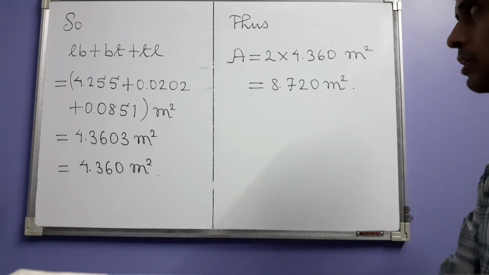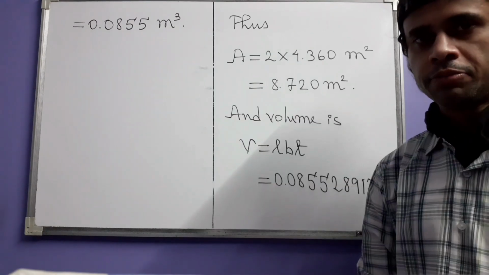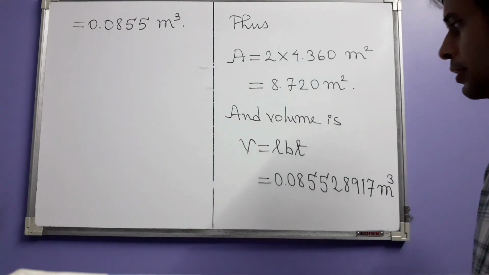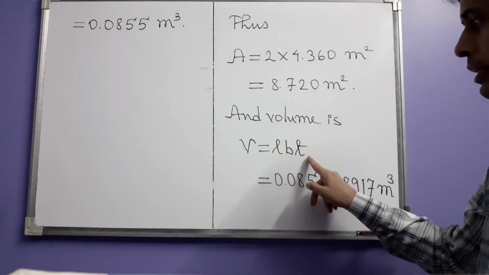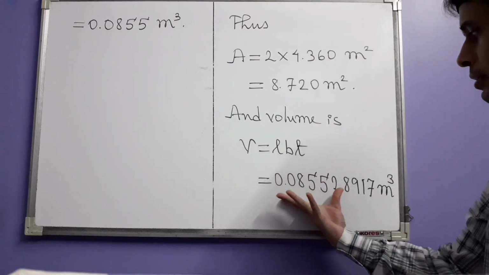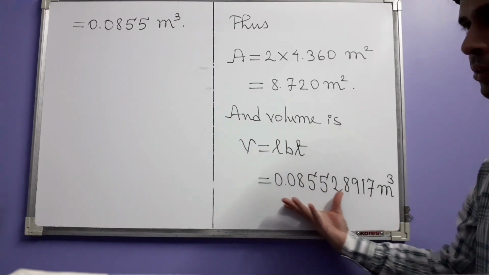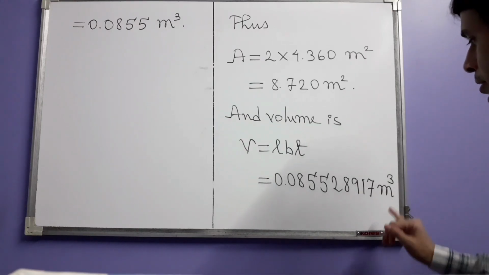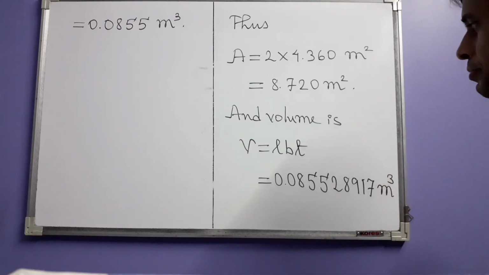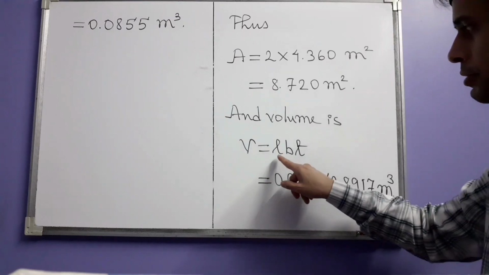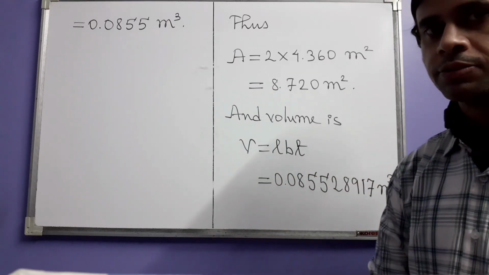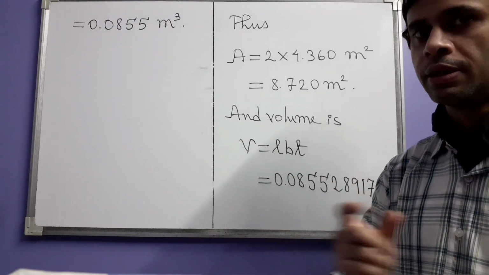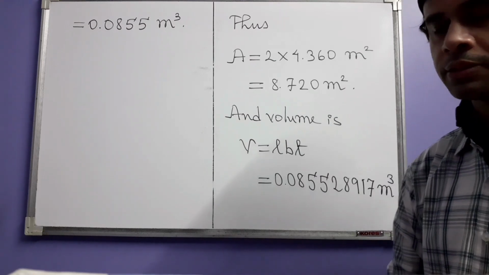Next we calculate the volume. Volume calculation is simpler. You just multiply length, breadth and thickness, and this somewhat big number you get. Big means having many digits, meter cube. And among these 3 given values, which one has the least number of significant figures?